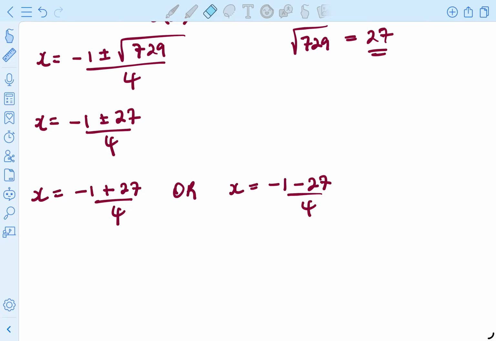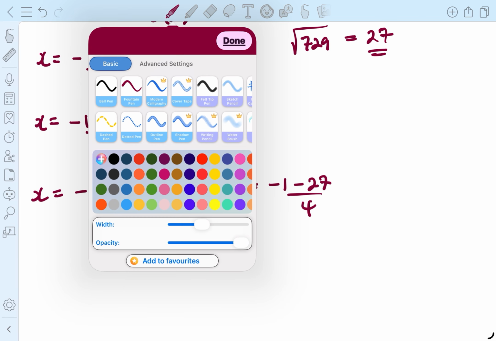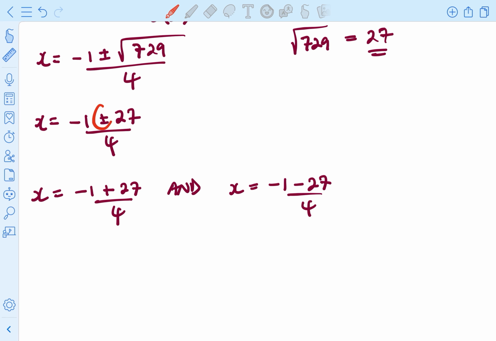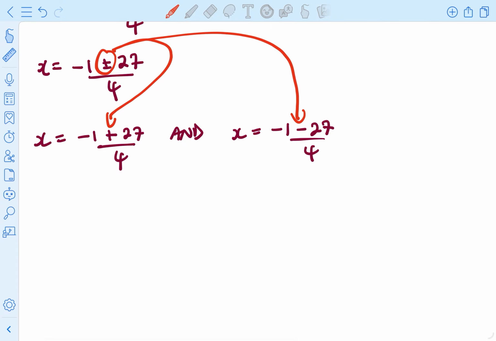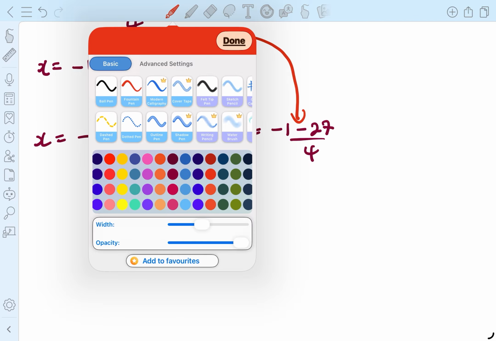Let's not use the word or; let's use the word and. Now, what I want to point out is that plus or minus becomes plus, or minus.